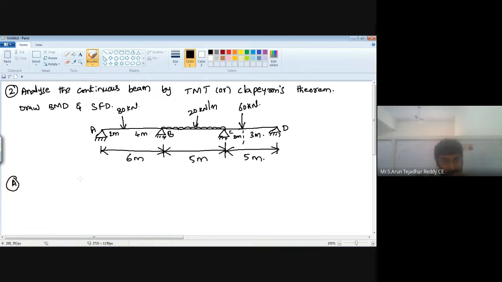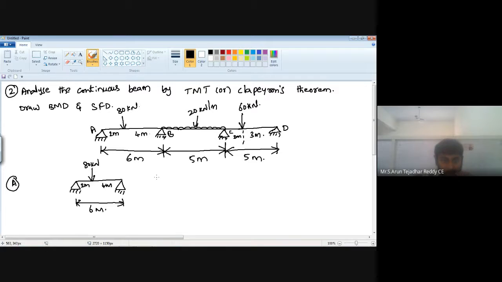First take A to B. A to B has an eccentric point load of 80 kilonewton, 2 meter, 4 meter, and the span is 6 meter.